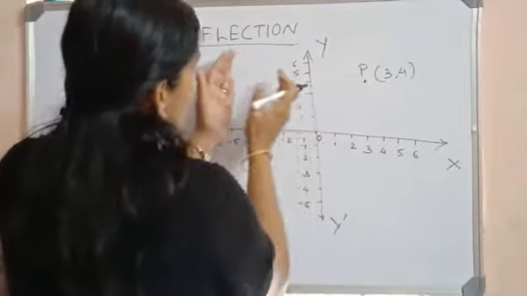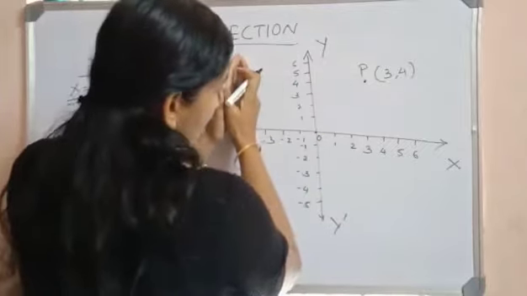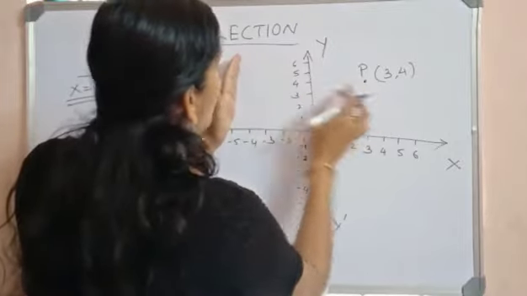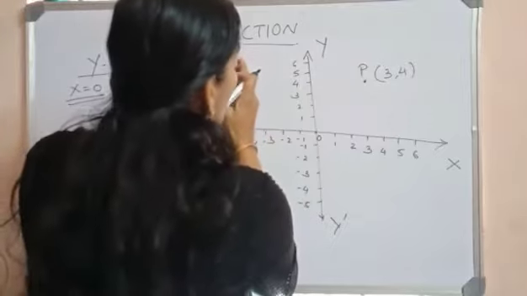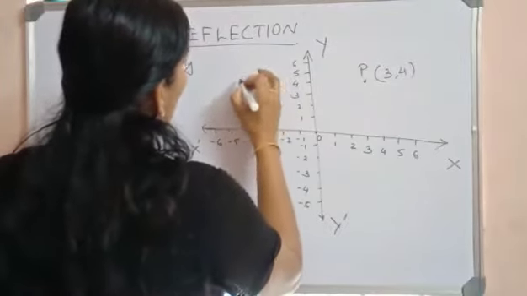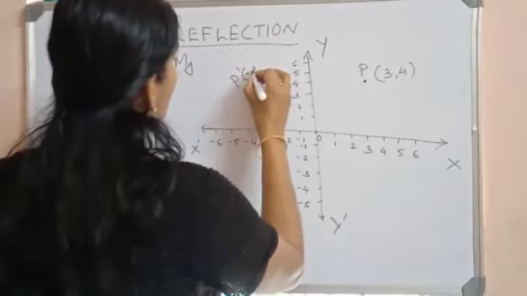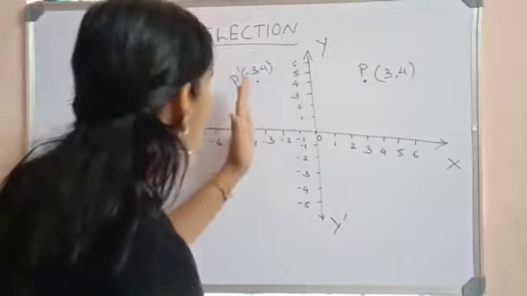That means the image will be formed on the other side of the y-axis at a distance of 3 units. Here the first coordinate is 3, so you can see that it is moving to this side and the point will be (-3, 4). P dash is (-3, 4). Here it is reflected in the y-axis.